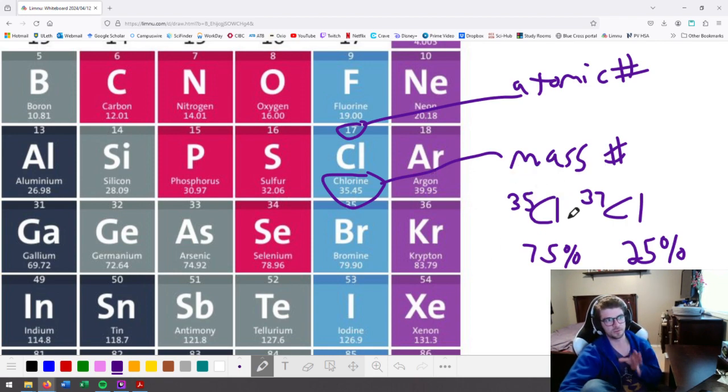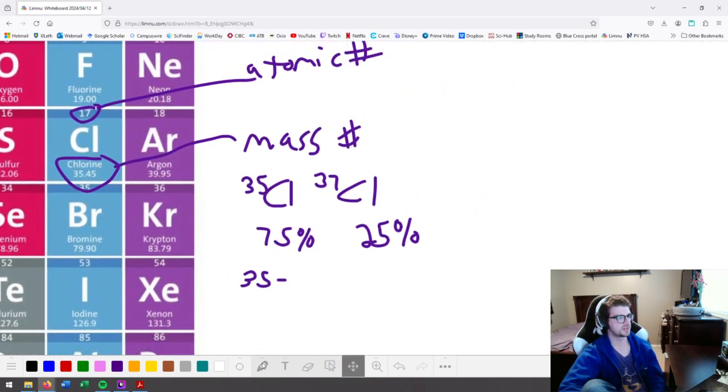So to get to a total mass of 35, we go 35 minus 17 is 18. So for the isotope chlorine 35, there are 17 protons and 18 neutrons in the nucleus.